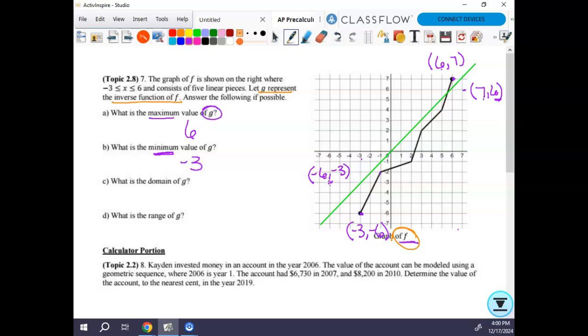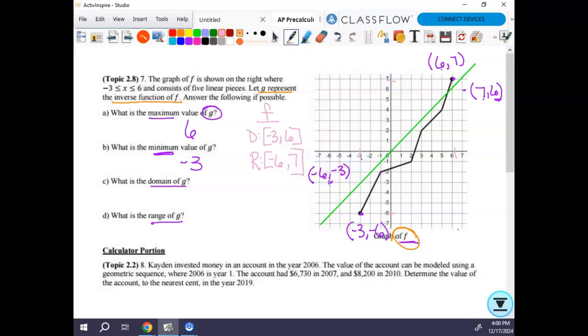Okay. Then domain of G, range of G, that's just the opposite of what we have for F. So if I want to talk about F, the domain, I'm going from -3 to 6, and the range, I'm going from -6 to 7.